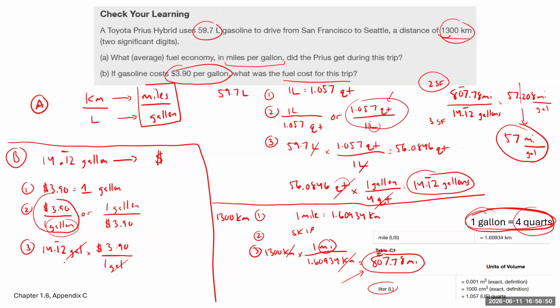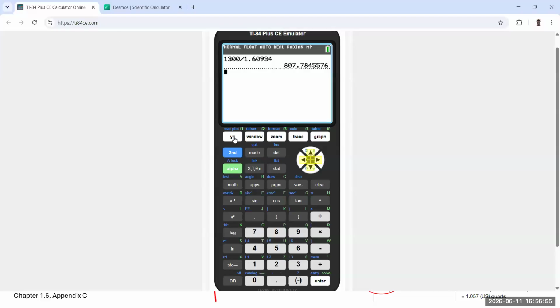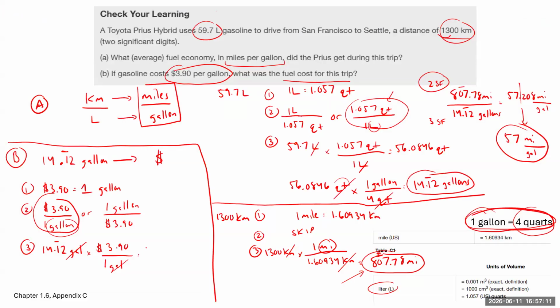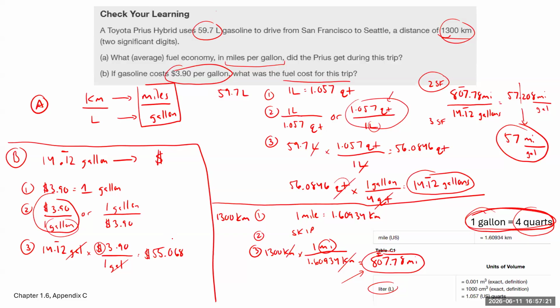These cancel out. 14.12 times 3.9. 14.12 times 3.90. Enter. 55.068. And this is now dollars. We have 3 digits, so we're going to cut it off there. It's going to be $55.0 for the trip.